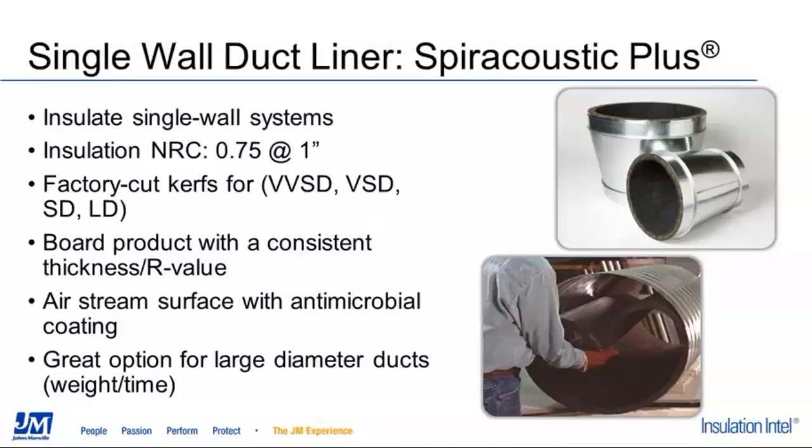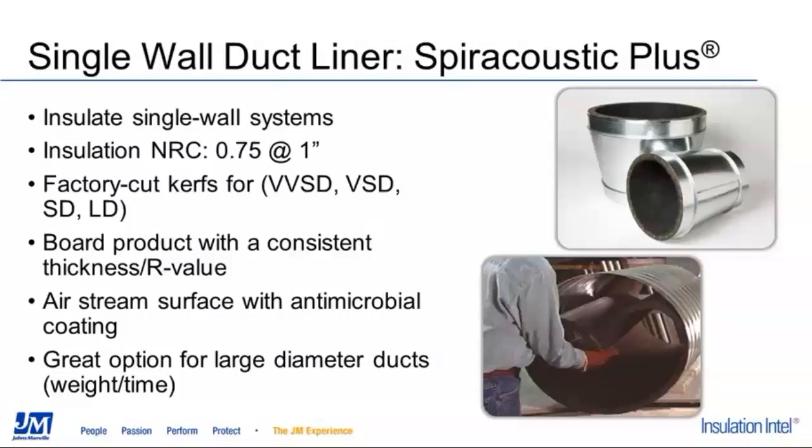Another advantage of the single wall is that you'll be able to insulate using a higher NRC value when you compare that to the standard double wall, which you can only receive an NRC of 0.65.